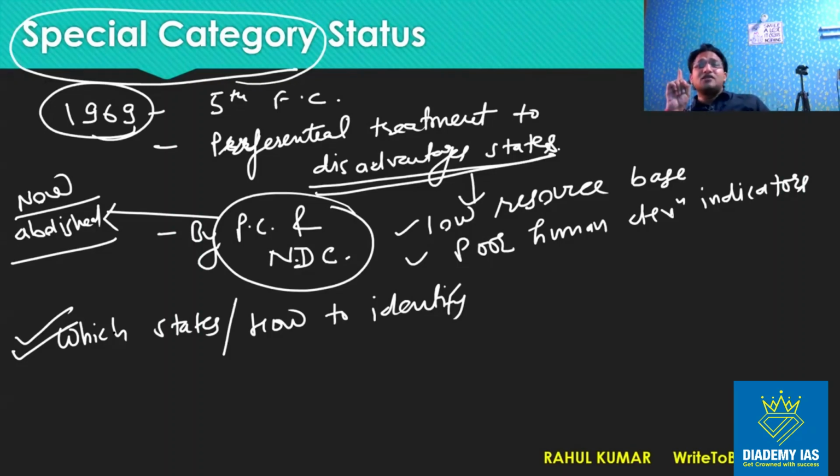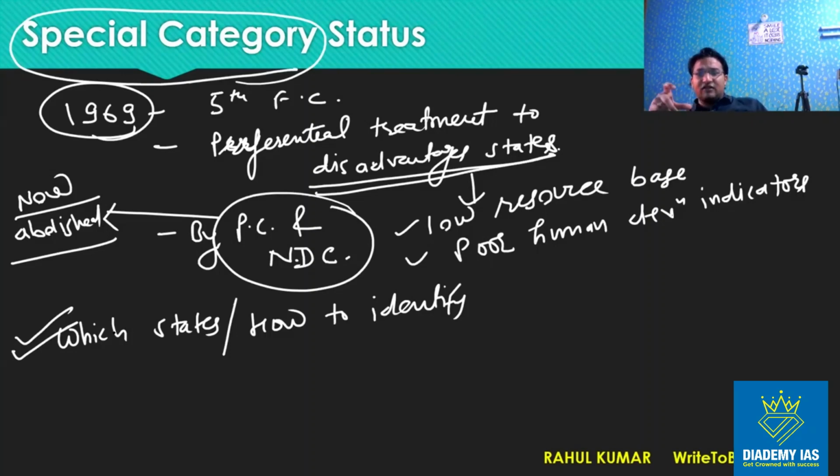So the first criterion is geographical. Second is population, that the density is very, very low, and the majority population is tribal. Third criterion, that these states are strategically located along the borders with neighboring countries. For example, Jammu and Kashmir, and northeastern states like Nagaland.